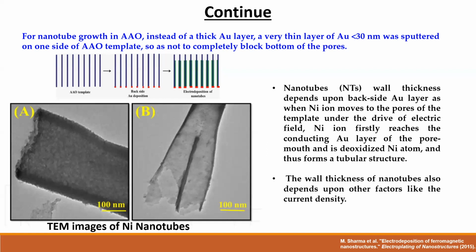The wall thickness of nanotubes also depends upon other factors like current density. So we have to control various parameters by which we can deposit different thicknesses of the nanotubes.